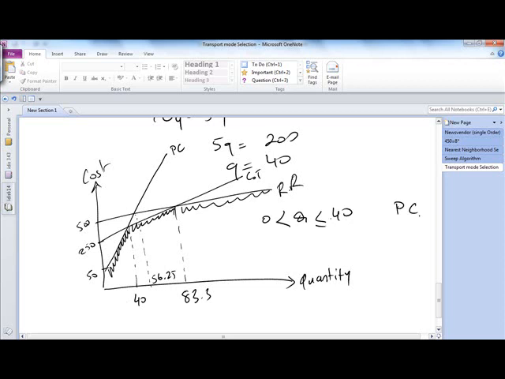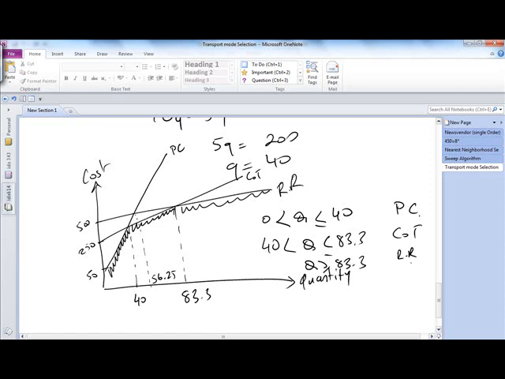I can use the equal sign in one way or another, or in both, because if I ship 40 with the private carrier or company-owned truck, the cost is going to be equal, but I like putting it on one side always. For Q between 40 and 83.3, I'm going to put the equal sign here, and that is company truck.